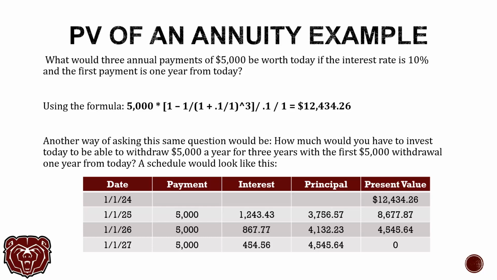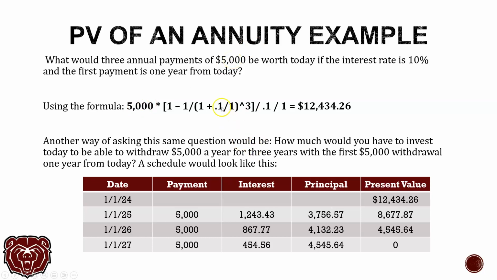So let's look at an example here really quickly. Present value of an annuity. So what would 3 annual payments of $5,000 be worth today if the interest rate is 10% and the first payment is 1 year from today? Okay, so again, you could use the formula, right? You've got your annuity right here, your payment, $5,000.